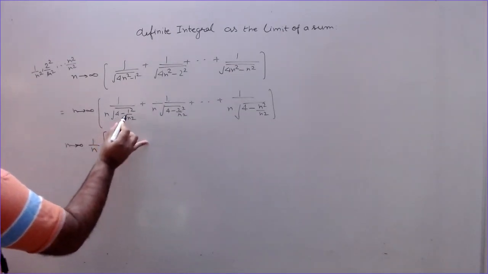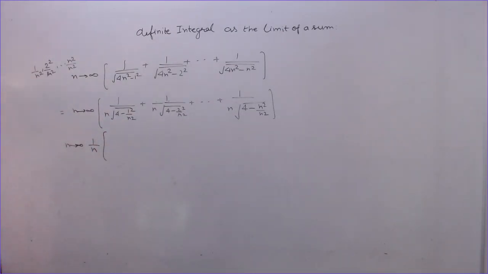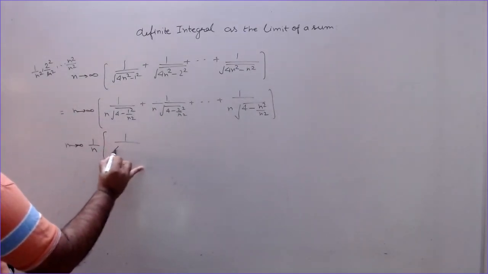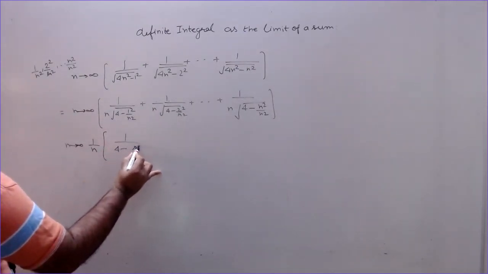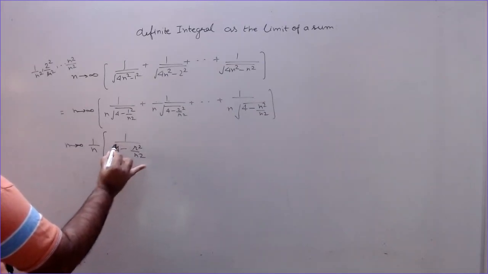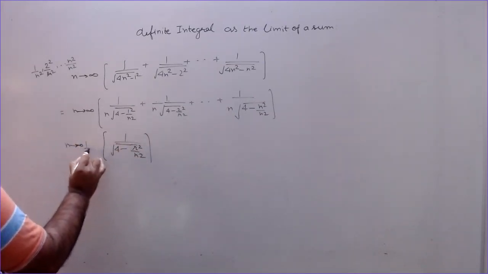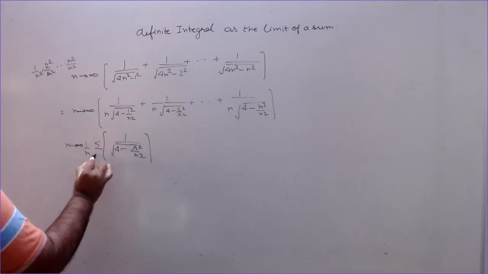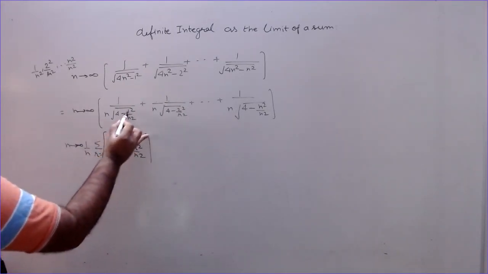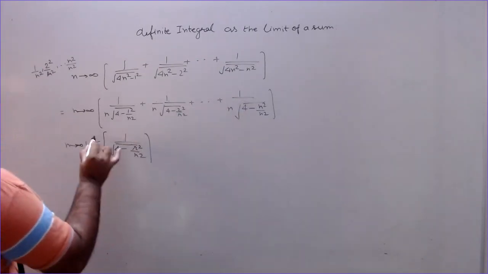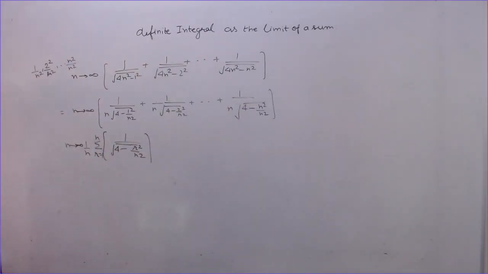Here I can write, in place of 1, 2, 3, etc., I can write this as equal to under root 4 minus r square by n square, where r is starting from 1 and going up to n, summation of this, r is equal to 1 to n.